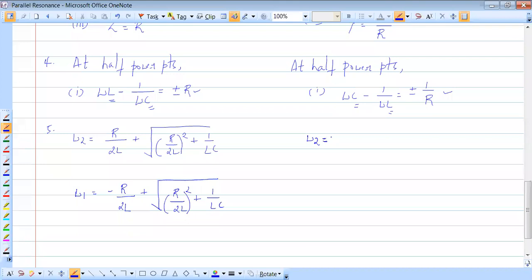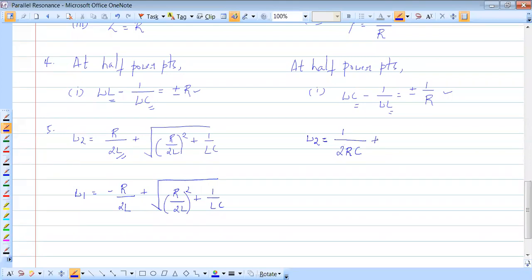Yeah, anybody can do that. Omega 2 is equal to 1 by 2R, L cannot be said, R is replaced by 1 by R. See here, this L, what would you do about this L? That L should become C.